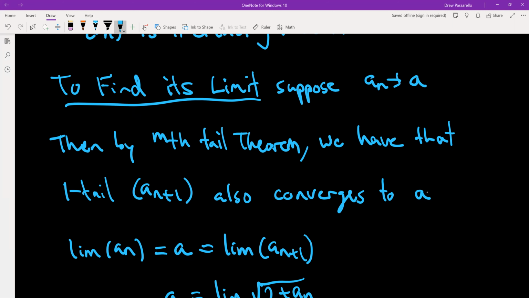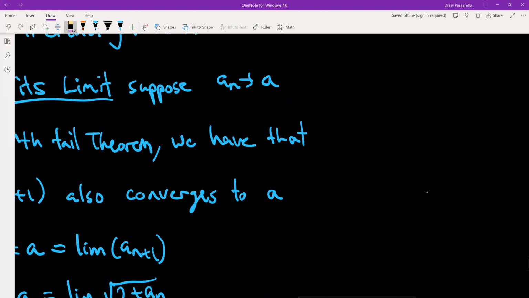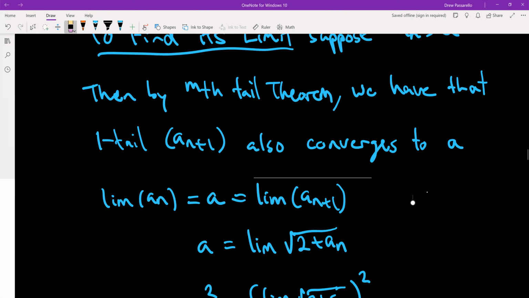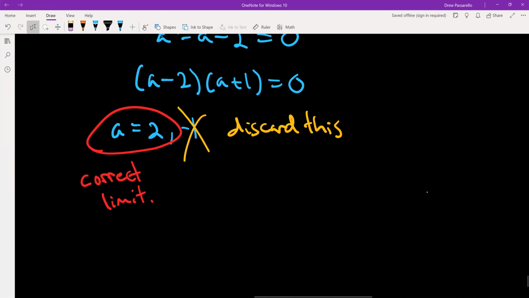Normally the nth tail is defined to be a sub n plus m, but I just used m being 1. All right, and that's how I calculated its limit and got it to be 2. So that's it for this problem.